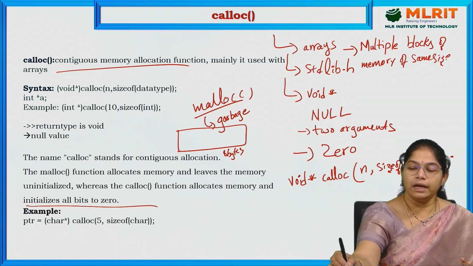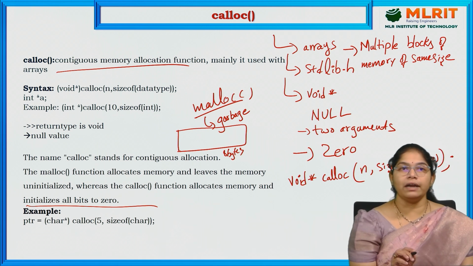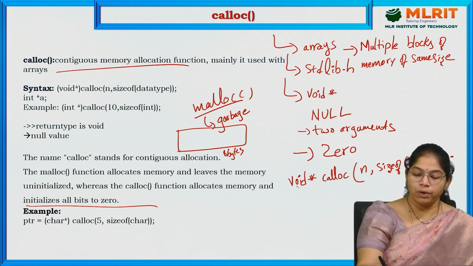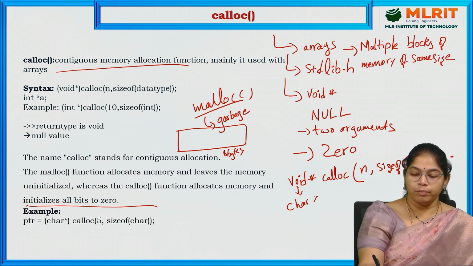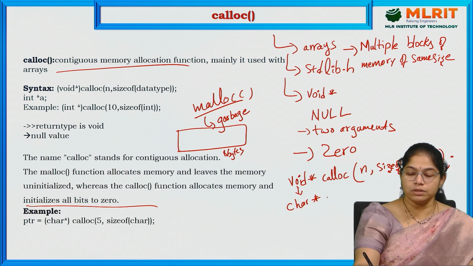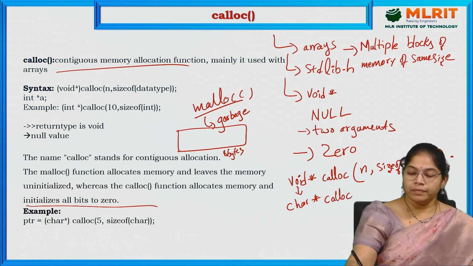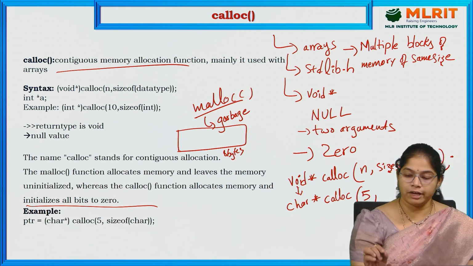are allocated. Suppose I want to store character values, then this void pointer must be typecast to the char pointer because I am storing character values. Then the function used here is calloc. Suppose I want to store 5 values, then the number of blocks is 5.